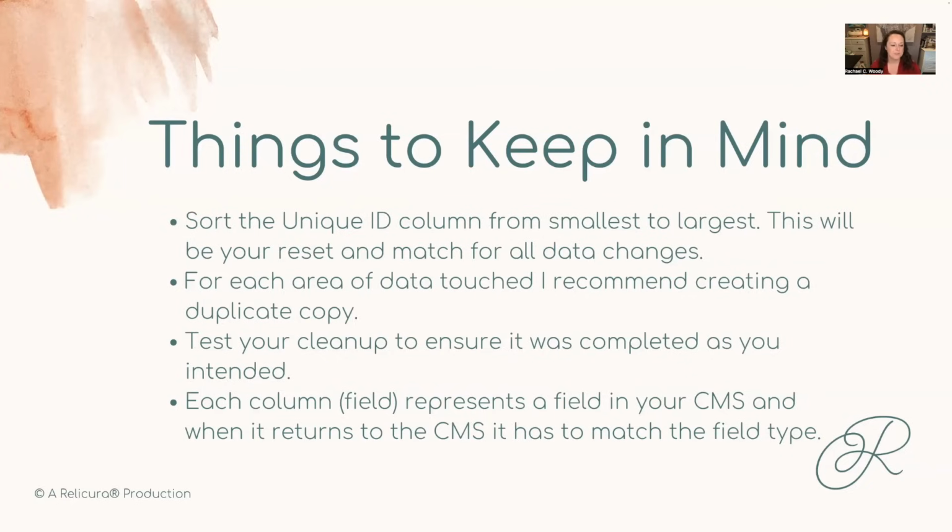And for each area of data touched, I recommend creating a duplicate copy. As you take that export, that is a copy of your data, but just so that you don't have to get another fresh export if you mess up the first one, I recommend for each of the areas that you are cleaning up, just do a copy paste of those couple columns, transform them in a different spreadsheet, and then put them back into your official export.